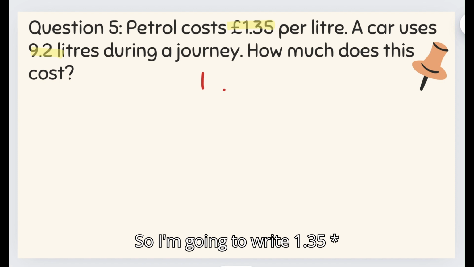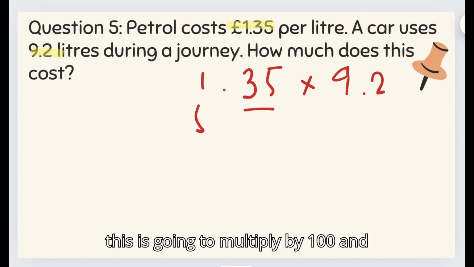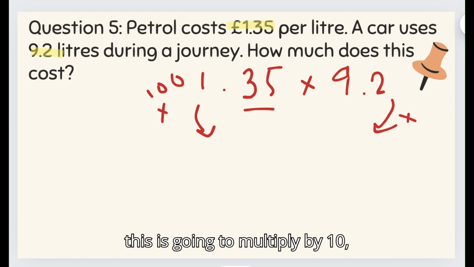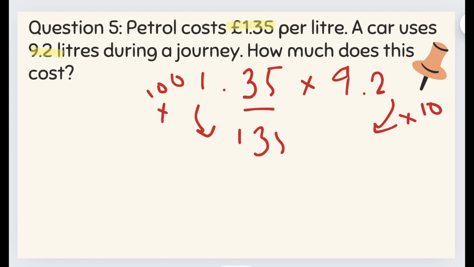So I'm going to write 1.35 times 9.2. Now over here I have two decimal values, so this is going to be multiplied by 100 and this is going to be multiplied by 10. So this will become 135 times 92.